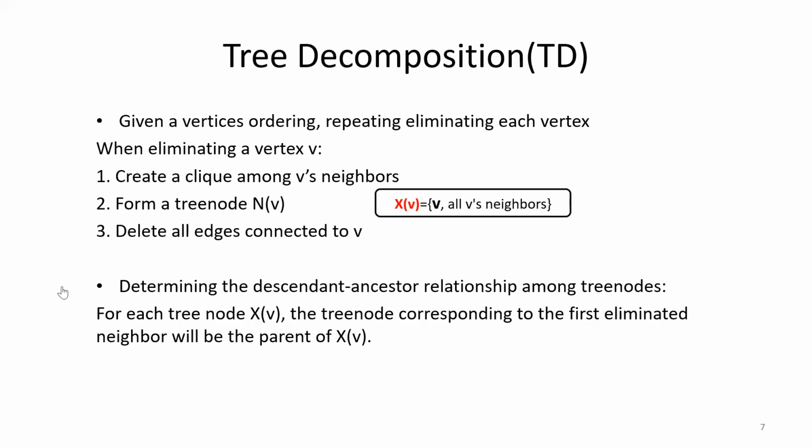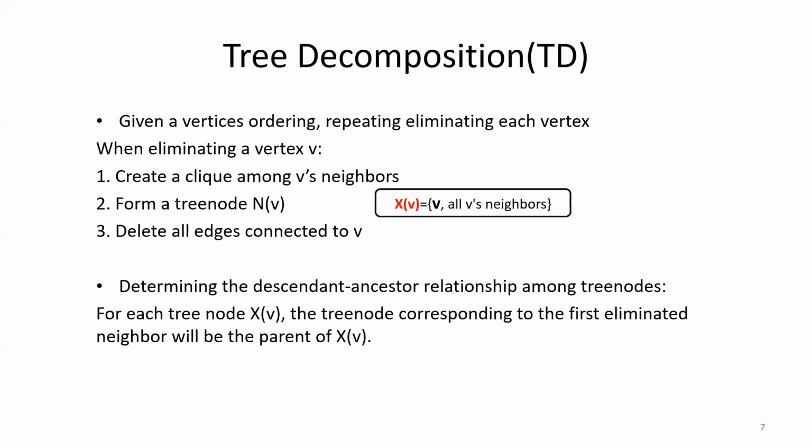As we focus on the tree decomposition two-hop labeling, we should introduce the traditional tree decomposition first. Given a vertex ordering, we repeat eliminating each vertex. When eliminating a vertex V, we create a clique among V's neighbors, and then we form a tree node MV, and inside MV, we should store a set of vertices XV, including vertex V itself and all V's neighbors.